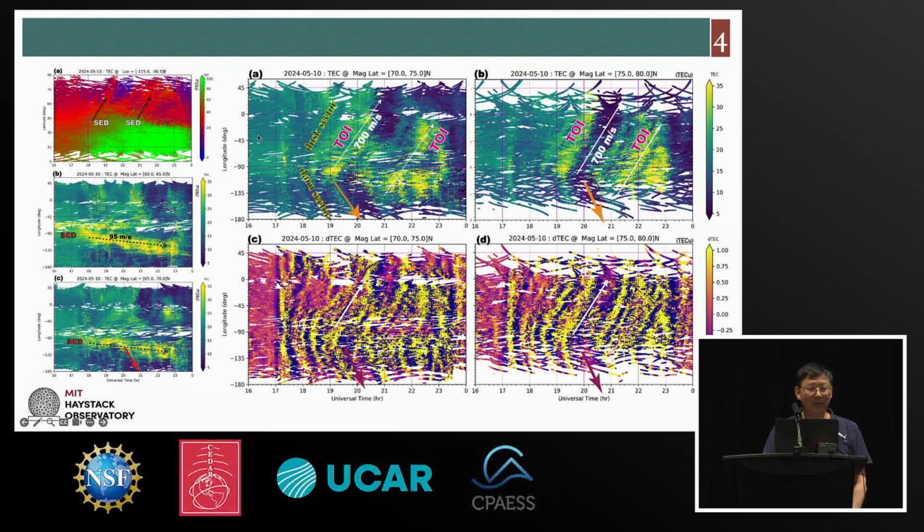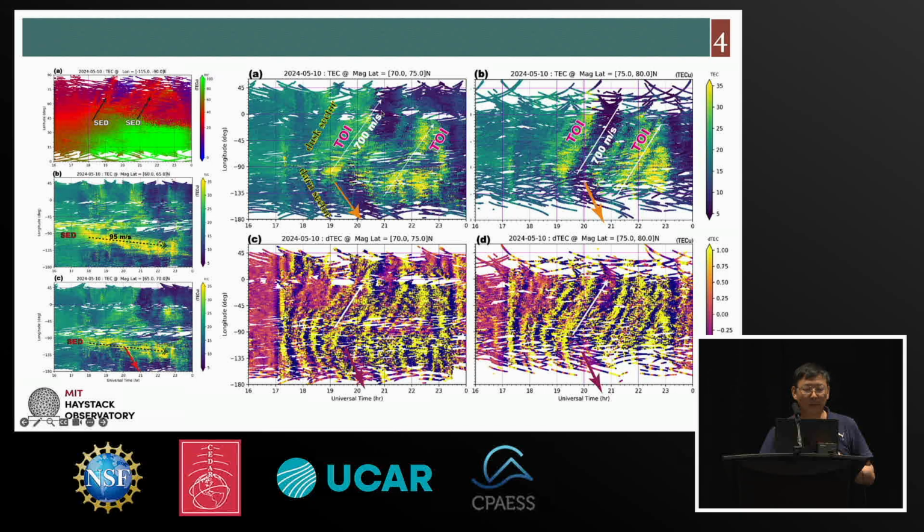The vertical axis is the longitude for the given latitude. The latitude here is about 70 to 75 geographic latitude. So this is just showing how things move in this longitudinal circle. This top part is the dusk sector, and this is the dawn sector.